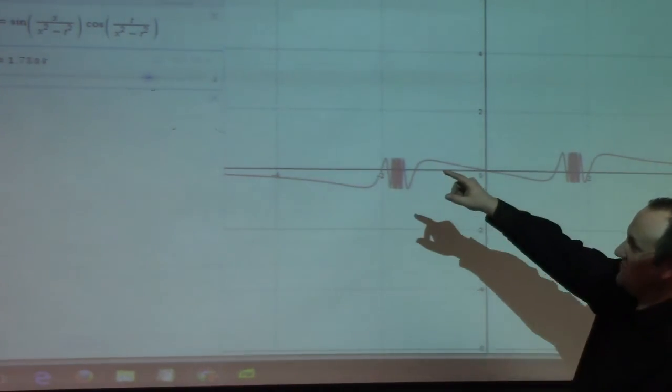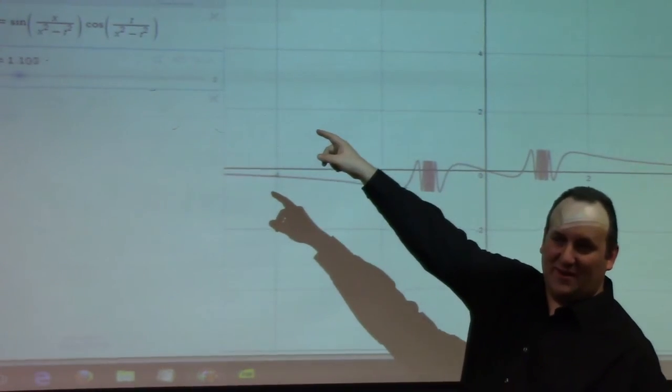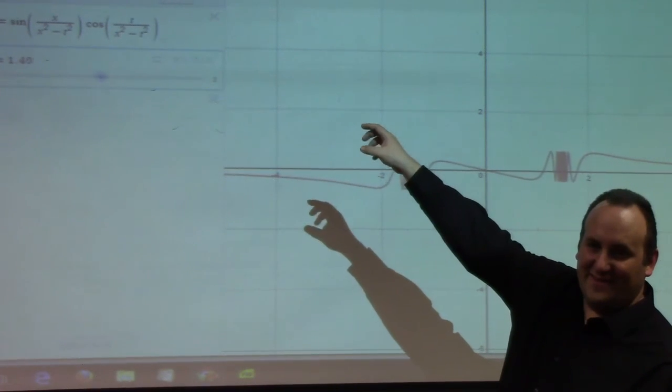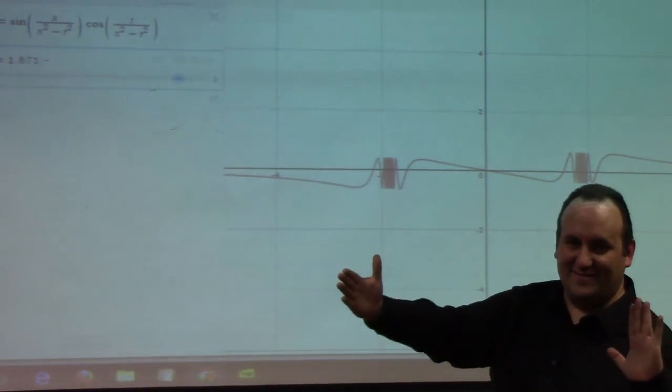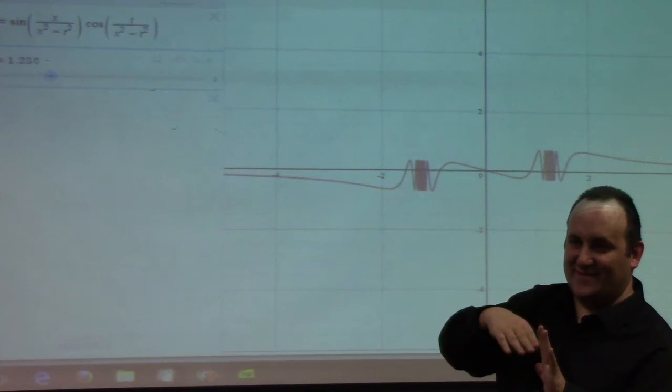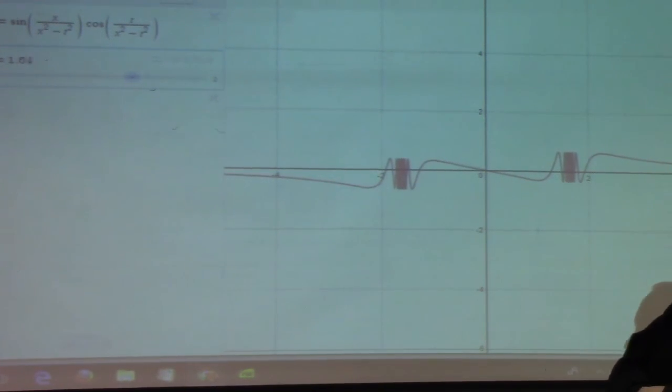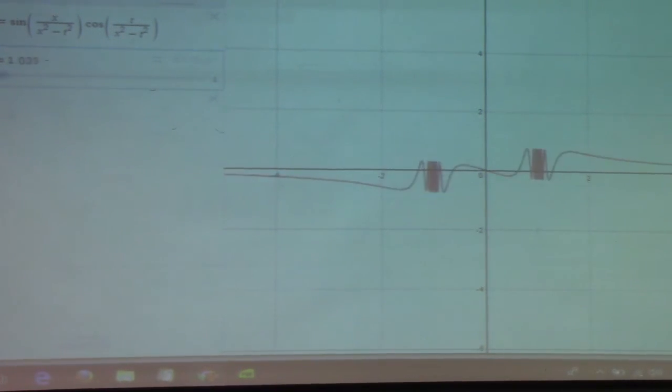Think about these formulas. As the denominator approaches 0, you get infinite oscillations. What does that mean?